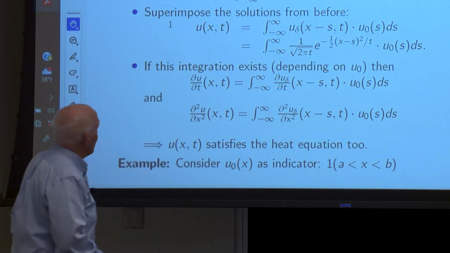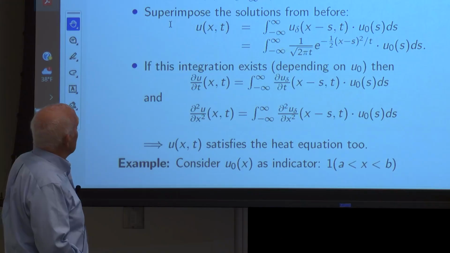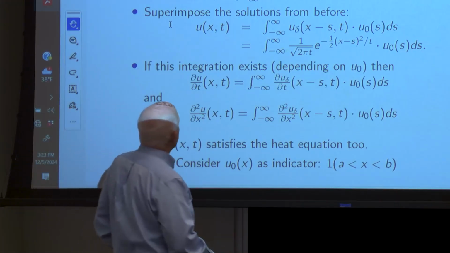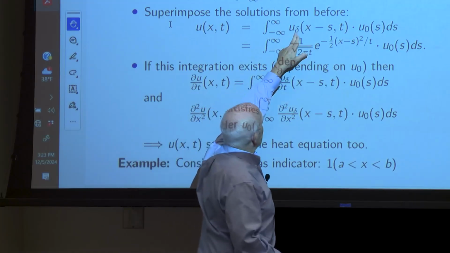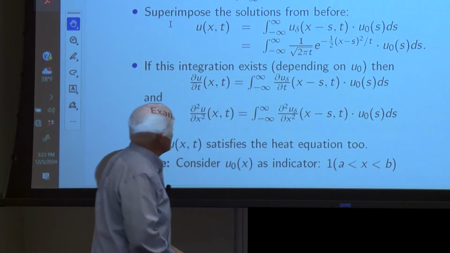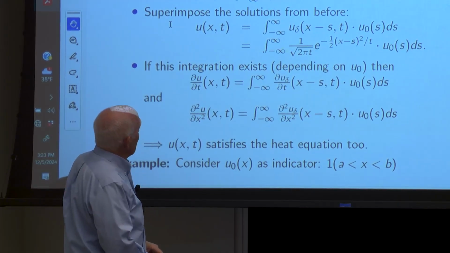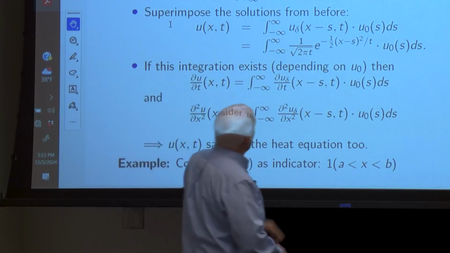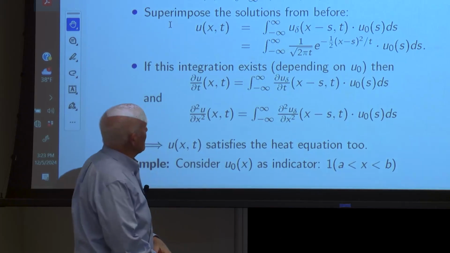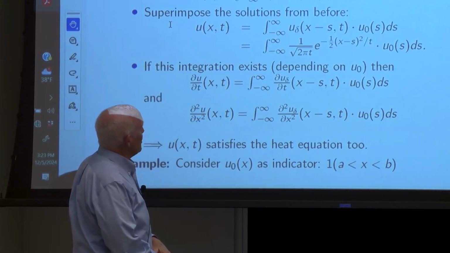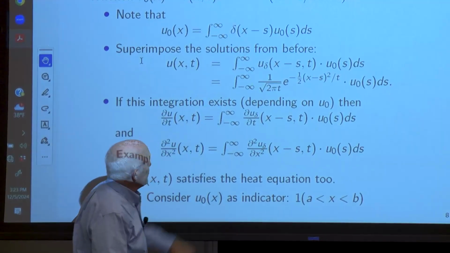Now, if we consider different solutions, we can index solutions to this heat equation by s, and then we can integrate this u delta function with respect to the factor u naught of s, and we get this formula for u of x, t.